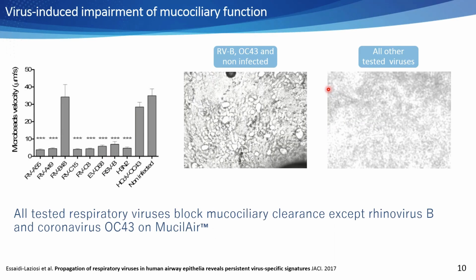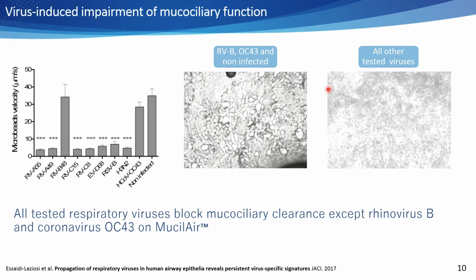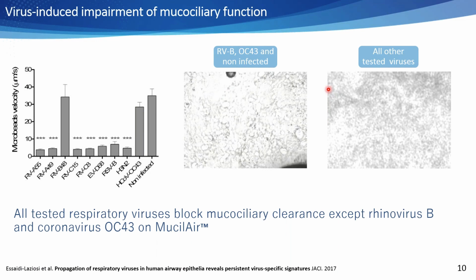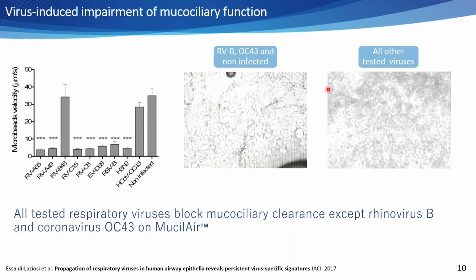So viruses are also known to perturb the host, and one of the most important impairments is the mucociliary function. In vivo, in the human epithelium, you have cilia which are moving and constantly inducing a mucociliary escalator function.